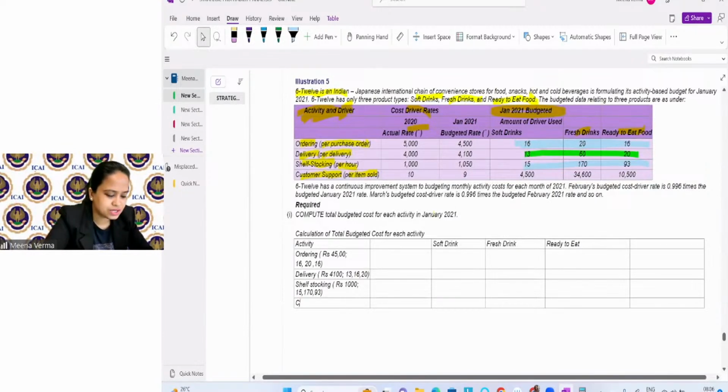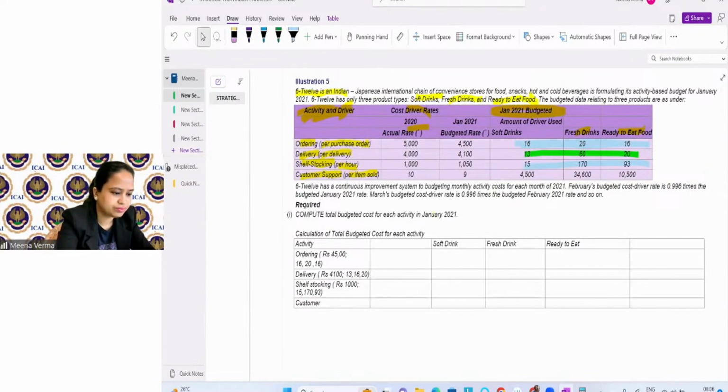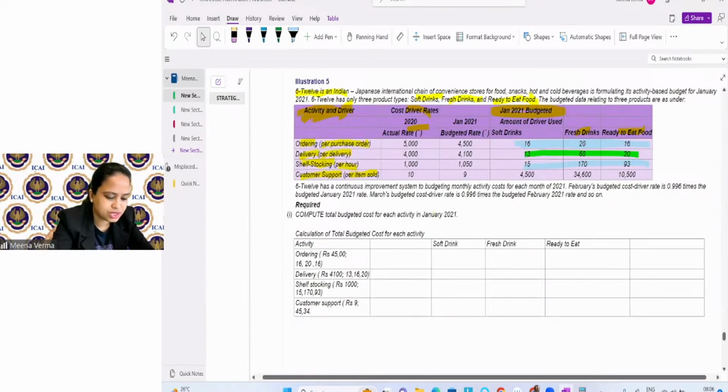The next one is customer support. The amount is rupees 9. And what is the basis of allocation given? 4,500, 34.6 and 10.5.